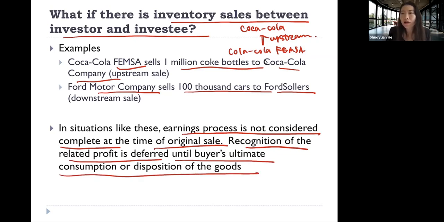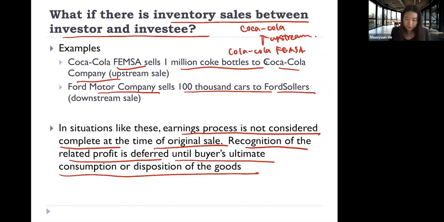So when there's an intra-entity sale between the investor and the investee, we do not view the earnings process as complete. Do you think a firm can recognize earnings when it is selling to itself? Of course the answer is no. That's why we cannot recognize earnings of this intra-entity sale between the investor and the investee.